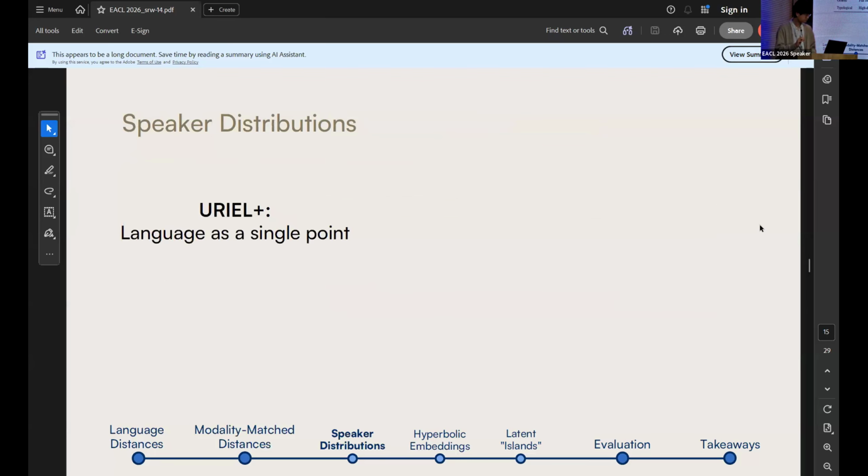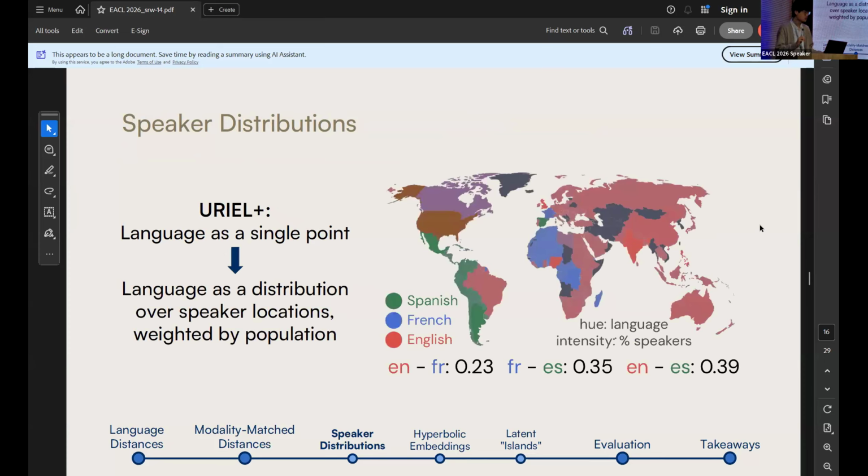For geographic distances, we want to account for the diversity of where a language is spoken. And therefore, we move from representing languages as a single point to now modeling the distribution of speakers for each language. Concretely, we measure for each language the proportion of speakers in each country.